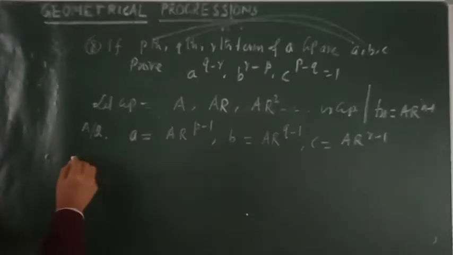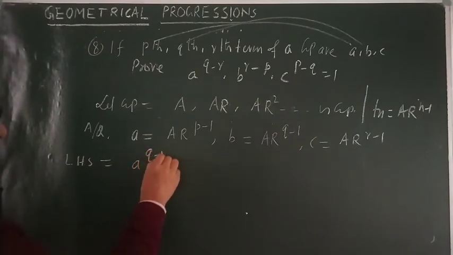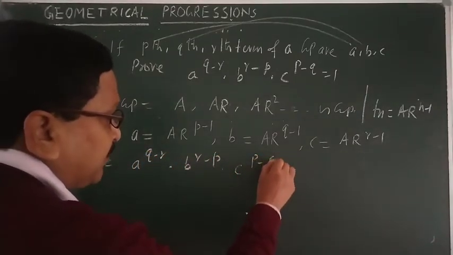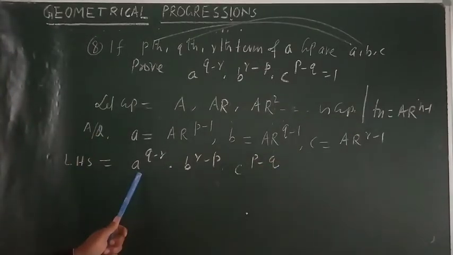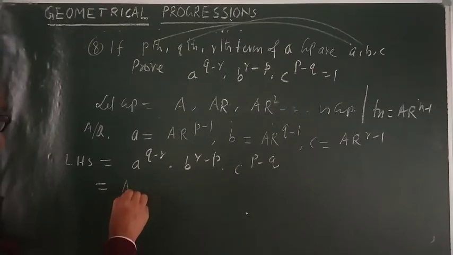Now moving towards LHS: a^(q-r) into b^(r-p) into c^(p-q). Now put the values of a, b, c, which are ready to us.